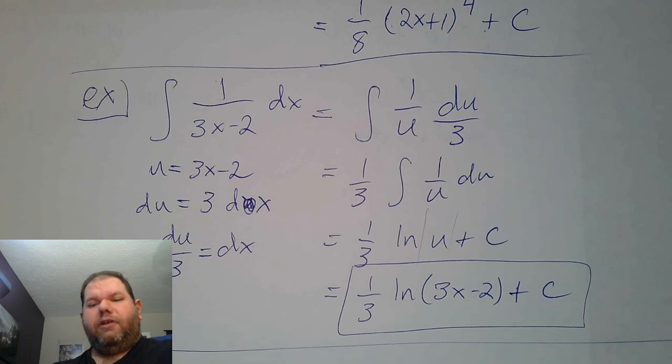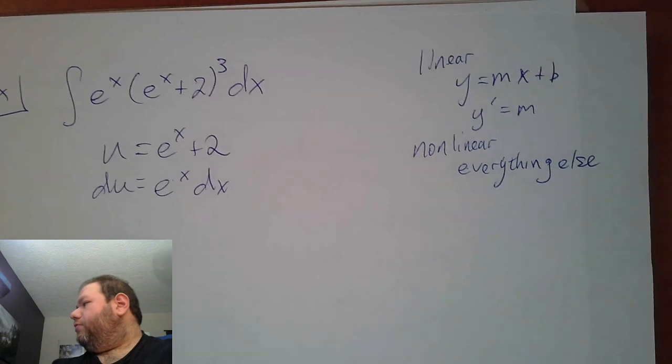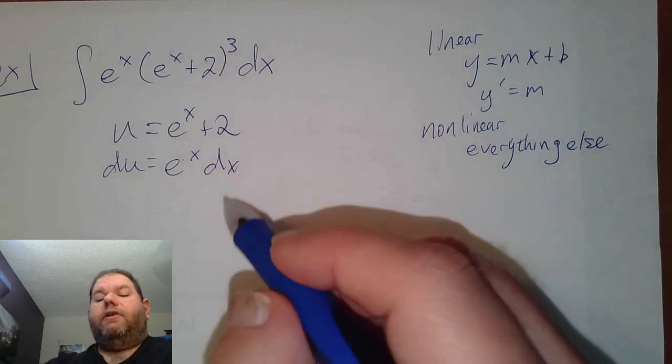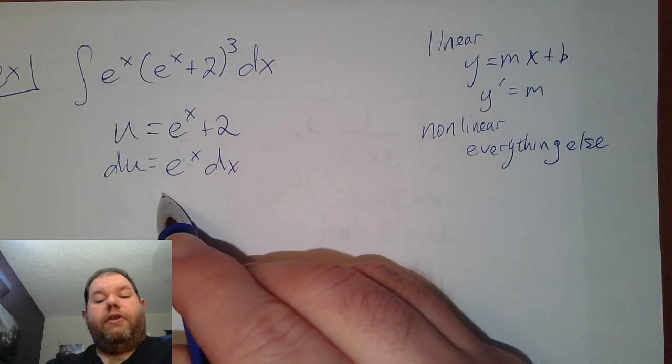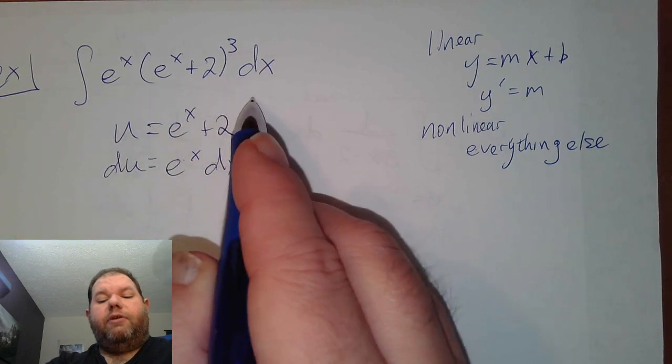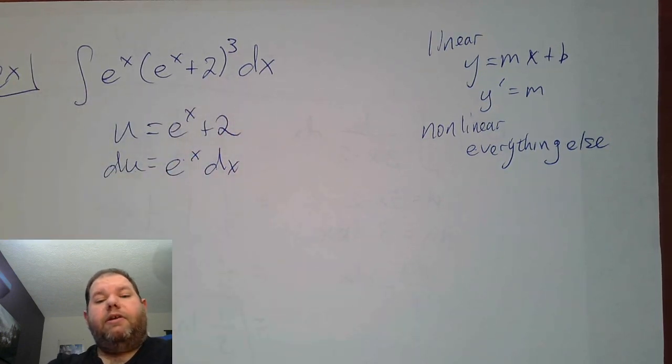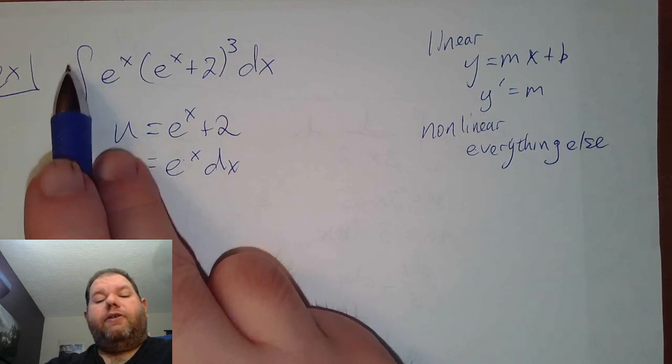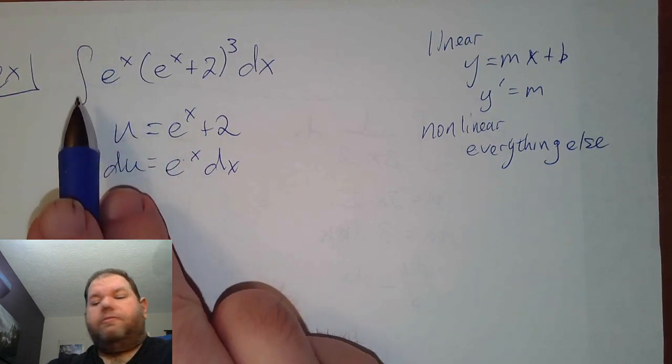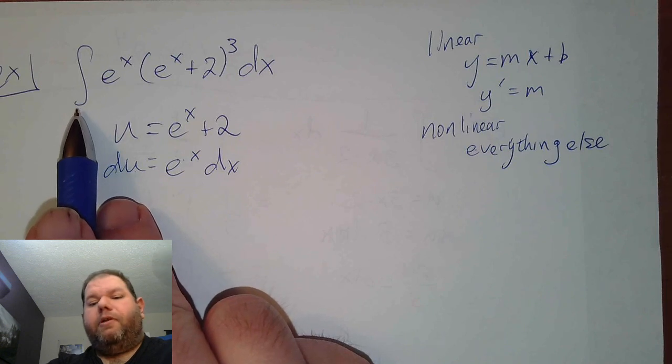What we cannot do, we cannot say dx is du over e to the x and take an e to the x that we introduced and put it outside the problem. We cannot factor anything with an x across this boundary. Okay?